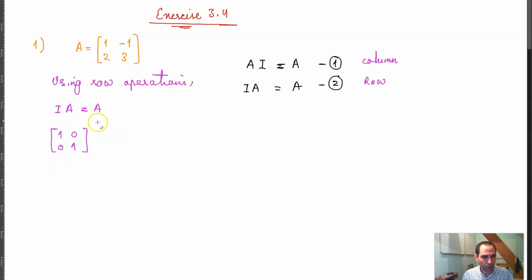And A would be basically the matrix that I have, which is 1, negative 1, 2, and 3, right?